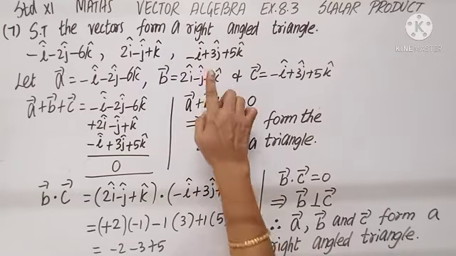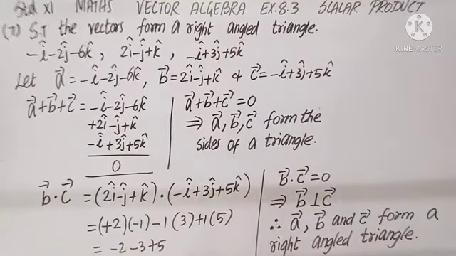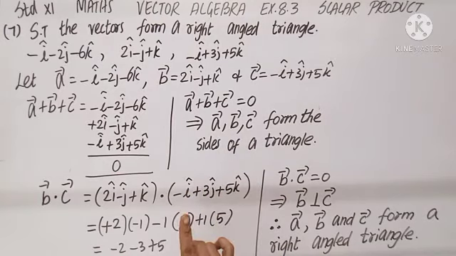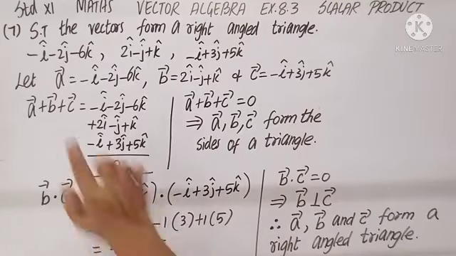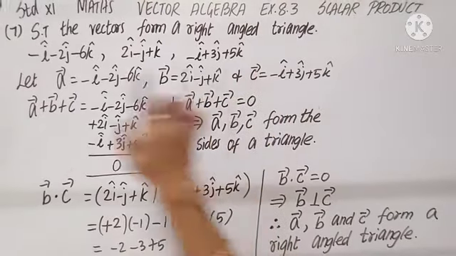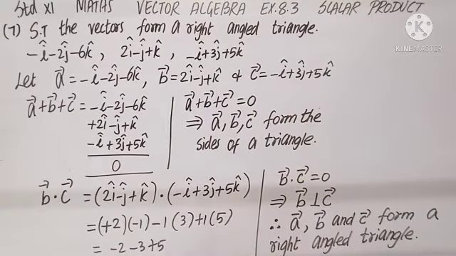Now the question is a right angle triangle. So out of the three sides, any two should make 90 degrees. Whenever I say right angle or 90 degrees, dot product should become 0. So either A dot B or B dot C or C dot A will give us 0.